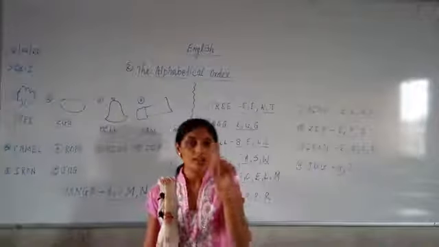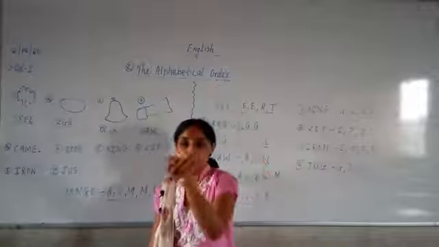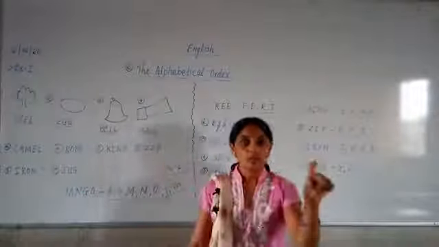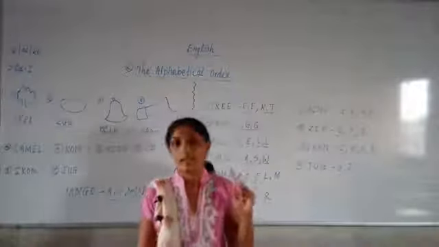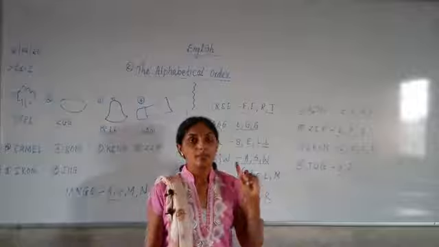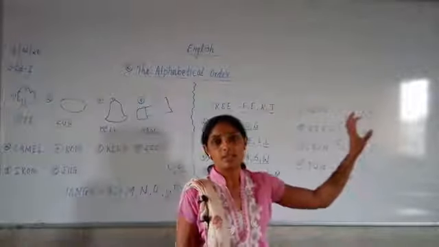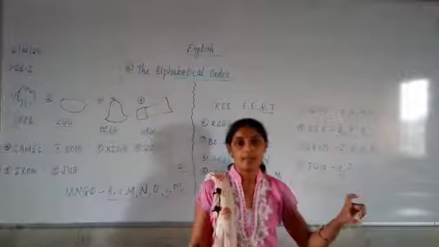A is small, then B is up. Correct or not? It is having straight line up. If you are writing G, then G comes down. So in small letters, height of the letters is not the same. It is different. Small letters have different height, and capital letters which we write, capital A, capital B, capital C, capital D, capital E, those letters are in same height.